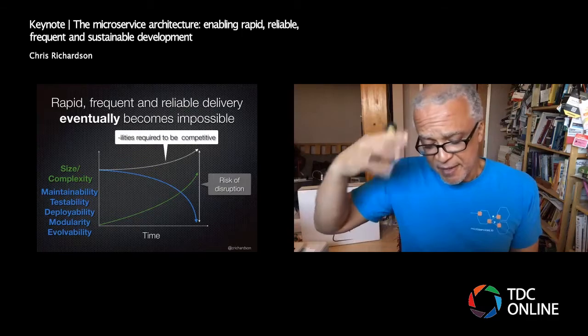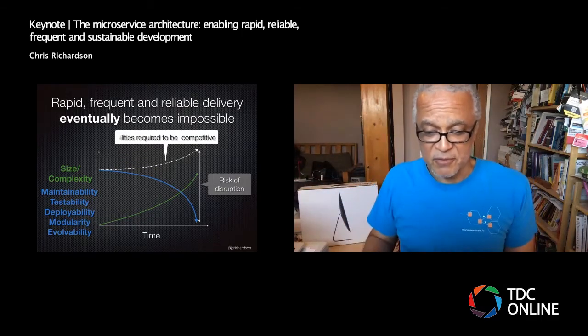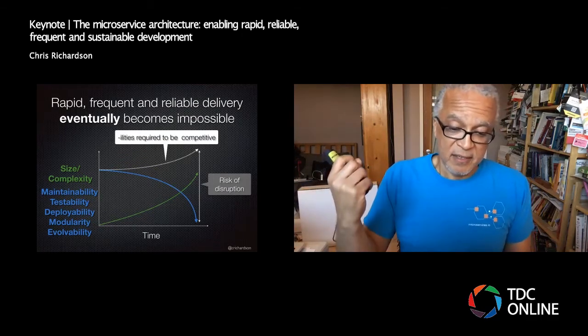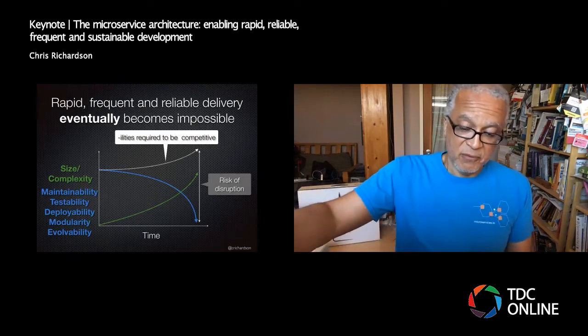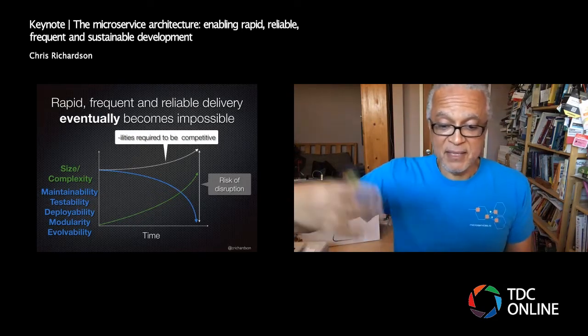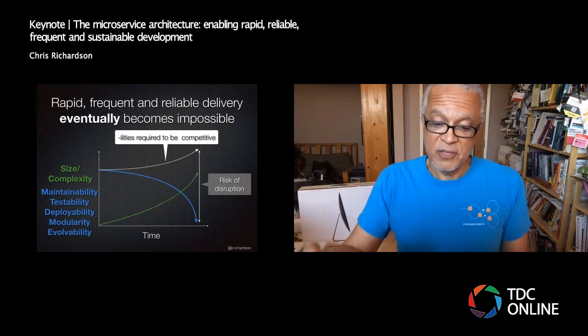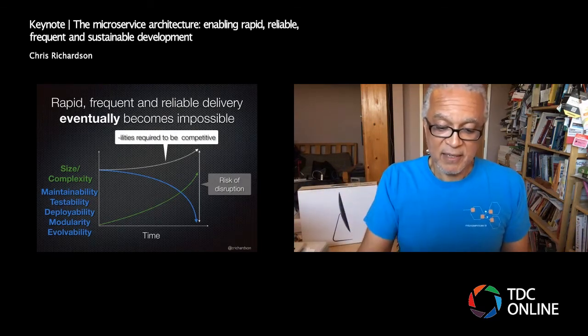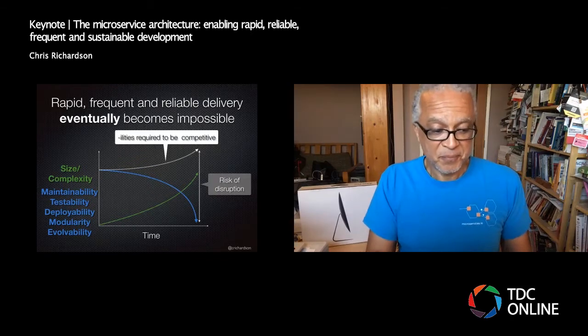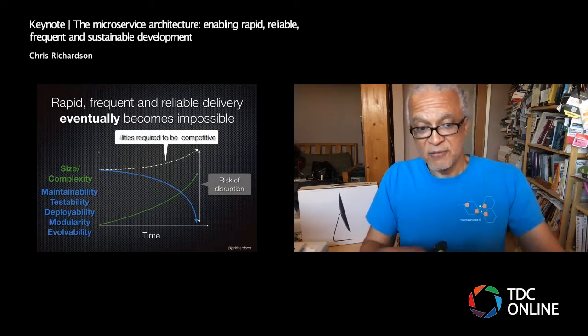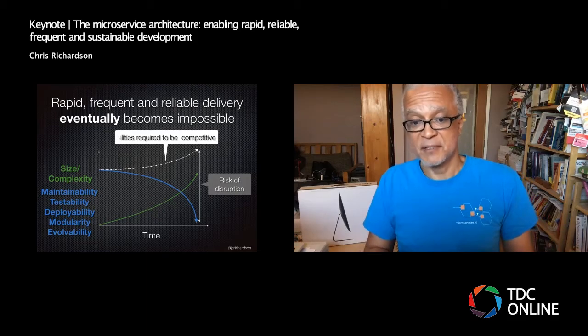Like today, I look at online grocery stores, where overnight demand went through the roof and they needed to rapidly add new features to cope with that demand. Well, if you couldn't quickly deliver new features to deal with that change, you risked losing business to competitors.